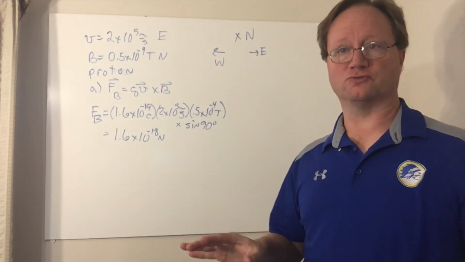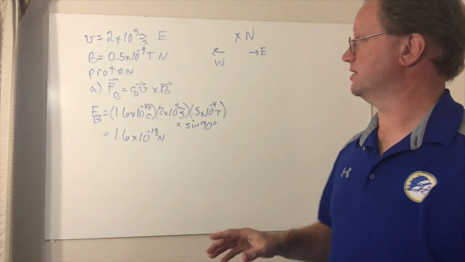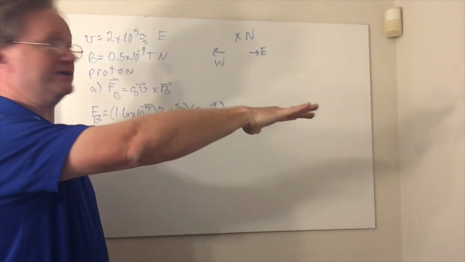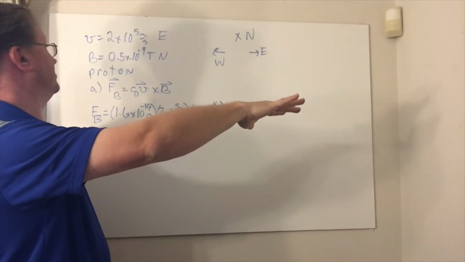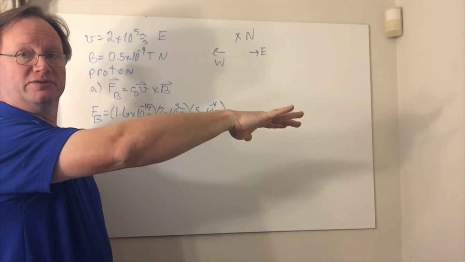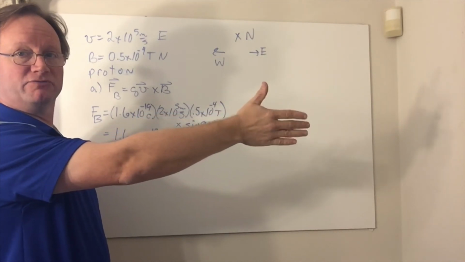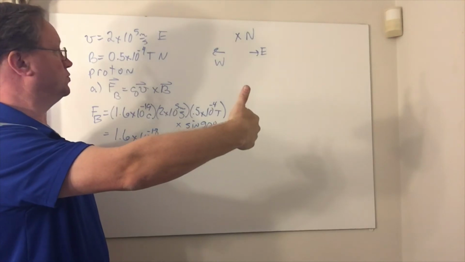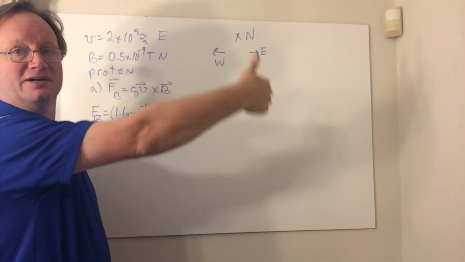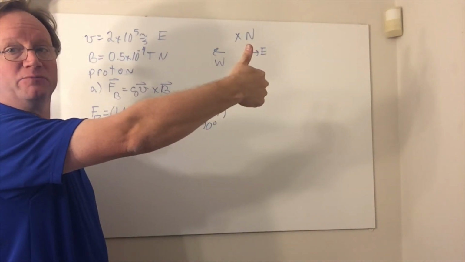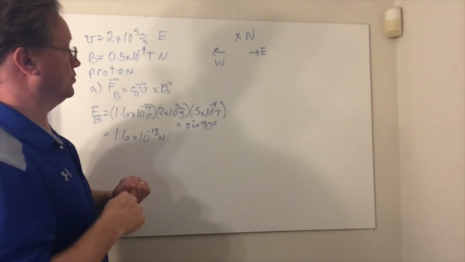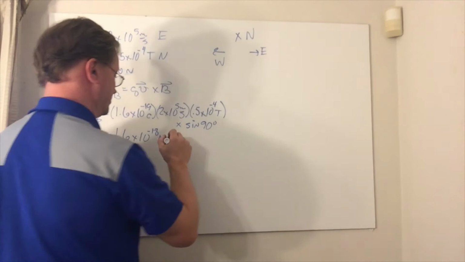Okay, right hand rule. QV cross B. So my velocity is to the east, so I'm going to point my fingers towards the east. My field is towards the north. So then I'm going to rotate my wrist so that I can wrap my fingers into the board in the direction of B. My thumb points upward, and upward is the direction of the force.